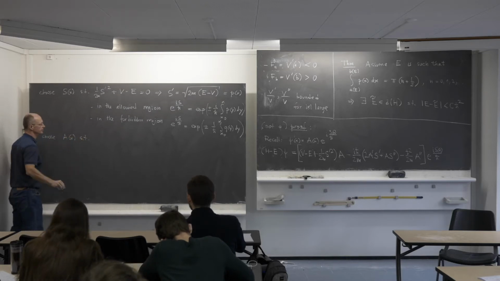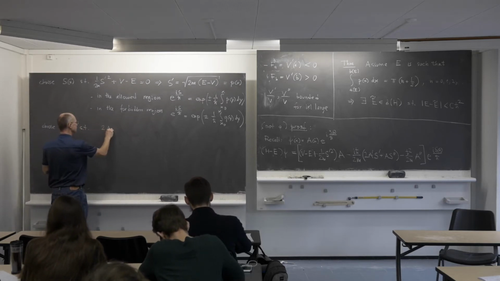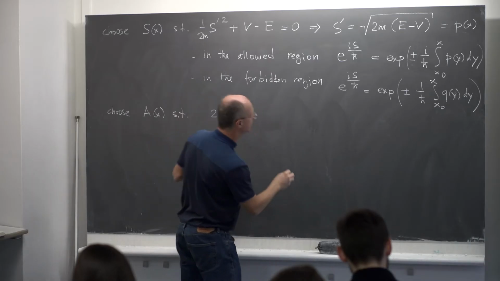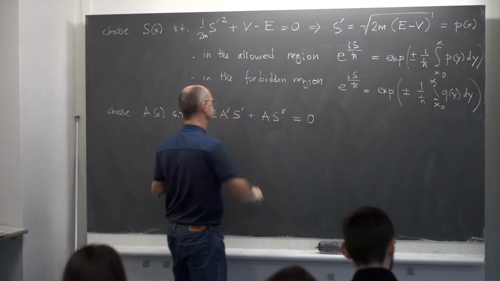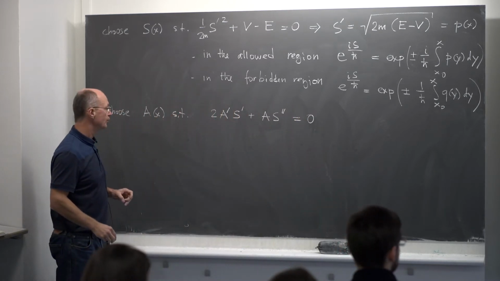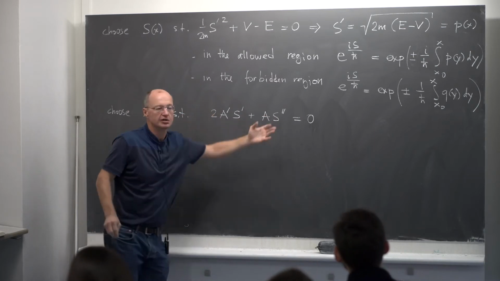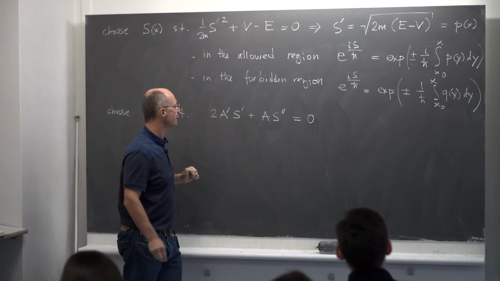So let's choose a of x such that 2a prime s prime plus a s double prime equals 0. And in principle, in each of the regions, the allowed region and the forbidden region, it is possible to make such a choice.